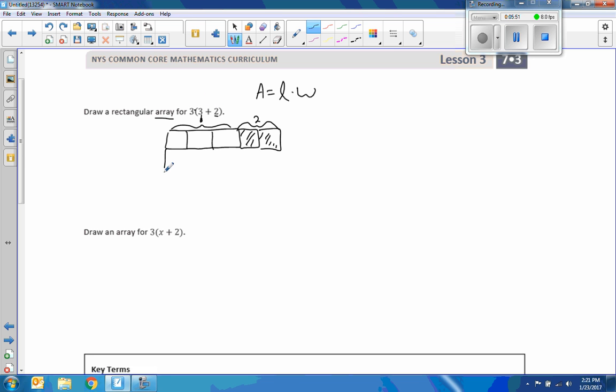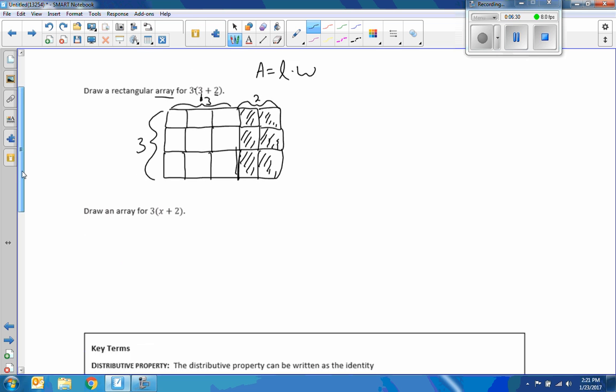So that means I want to go this way, and I want to do that 3 times. If I do it one more time, then I have my model complete. Sorry for the mess. This is going to be shaded, and that's going to be shaded. So it's 3 plus 2 times 3.